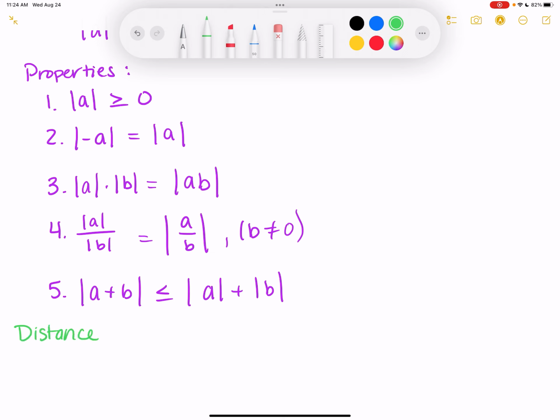Alright, and then the last thing for the notes of this section, the distance between points on a number line.